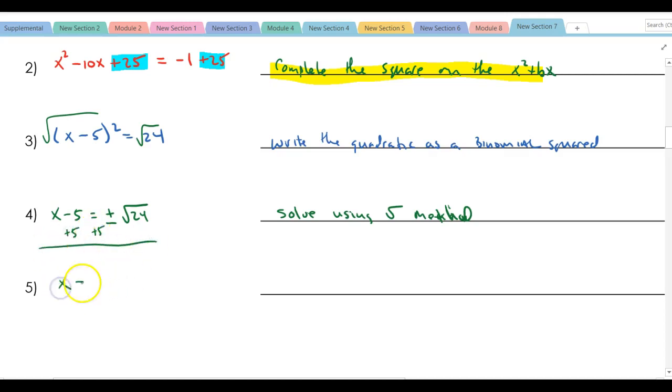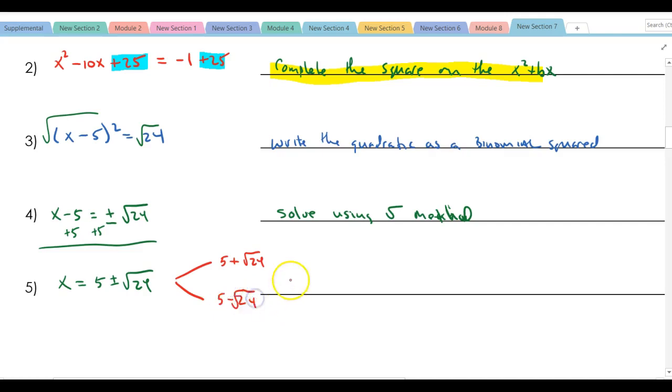So I get x equals 5 plus or minus the square root of 24. And from here, this gives me two answers. The first one would be 5 plus the square root of 24. The other would be 5 minus the square root of 24.